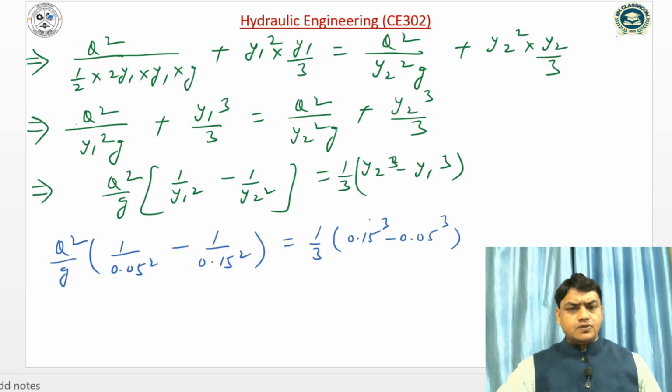The left value is 355.56, and the right value is 1.083 into 10 to the power minus 3.